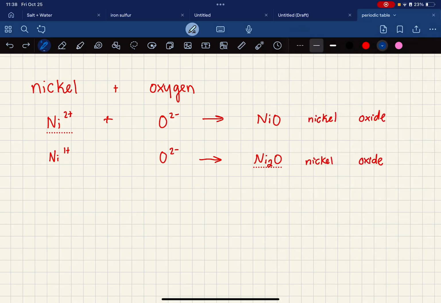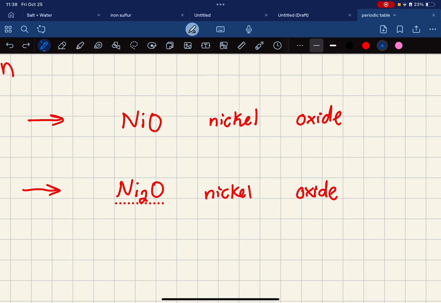NiO has the name nickel(II) oxide. That's 2 in Roman numerals, so we put it in parentheses. And Ni2O has the name nickel(I) oxide. So that is the Roman numeral for a 1.